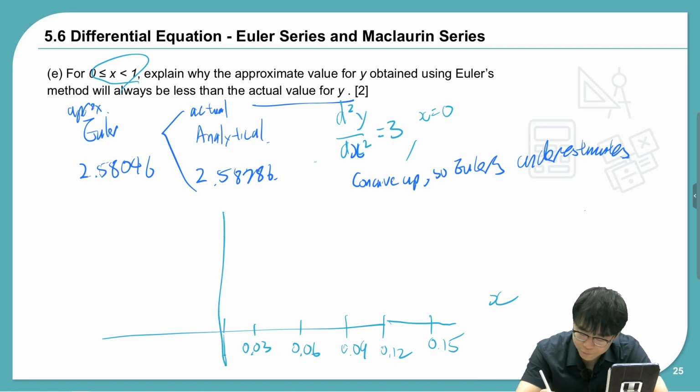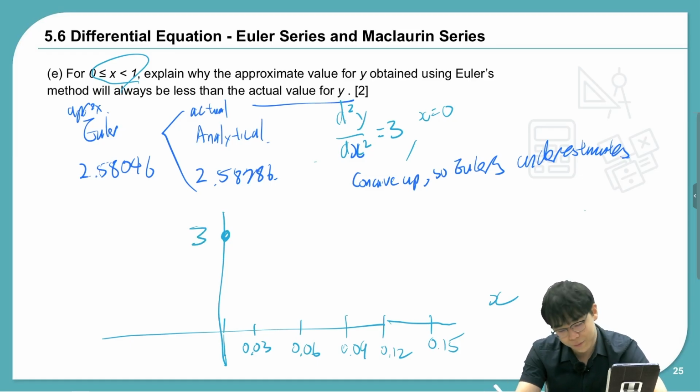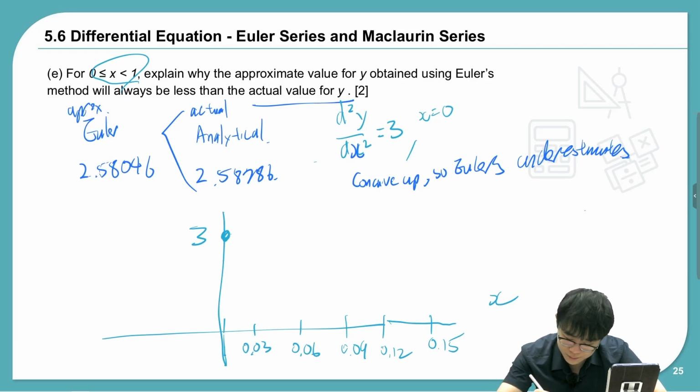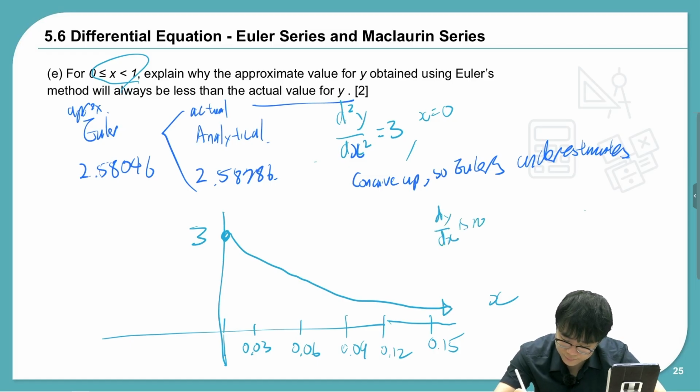So we start off with x equals 0 and y equals 3, right? And if it's concave up, this is what's going to happen. So what's going to happen is that dy over dx is negative, but becoming less negative as we go on, right?